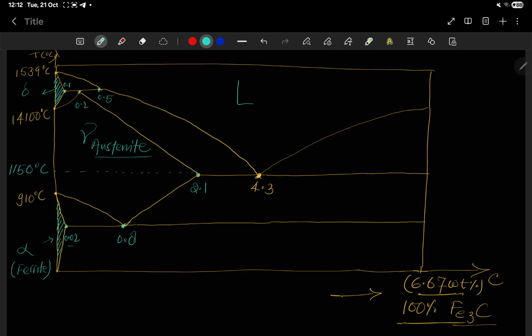The temperature corresponding to this point will be 1150 degrees Celsius, and this will be the eutectic point. Okay, this point will be the eutectoid point.